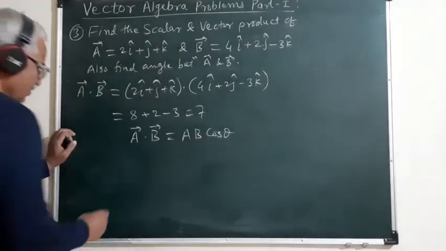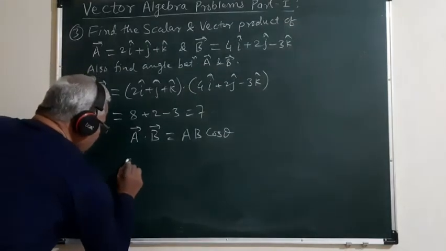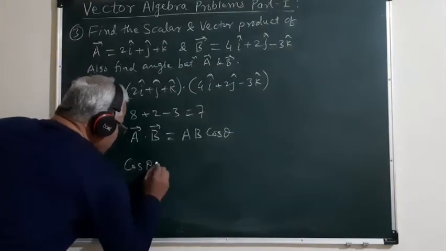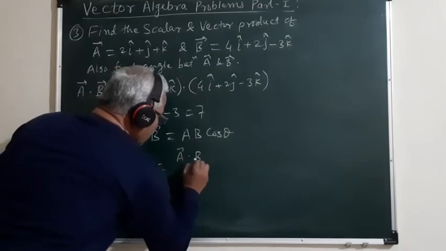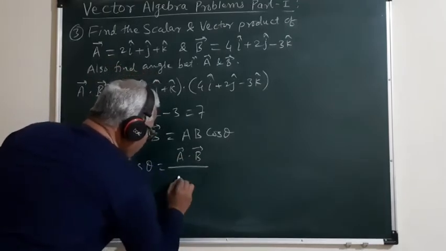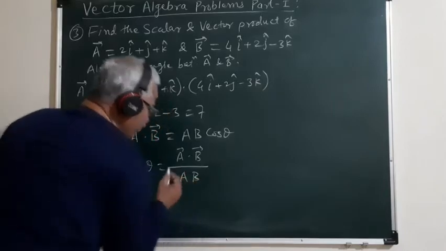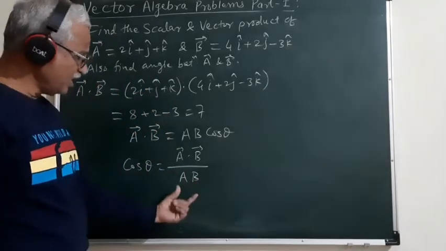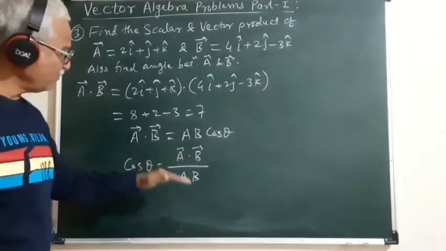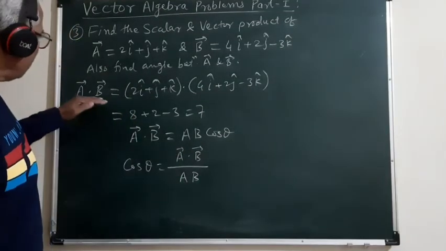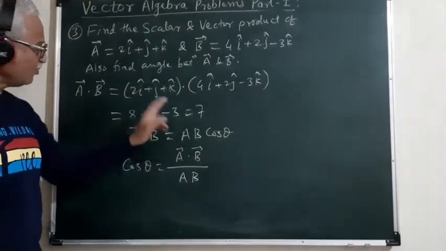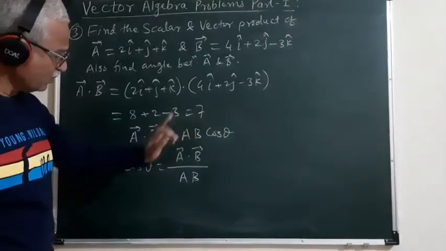So from this we can obtain the expression for cos theta to be equal to a bar dot b bar upon A into B. Here A and B are the magnitudes of the vectors a bar and b bar. We have already evaluated the dot product of two vectors a bar and b bar, which is equal to 7.